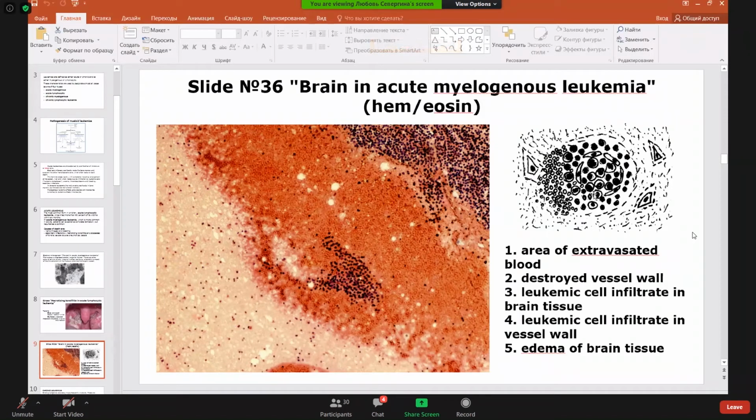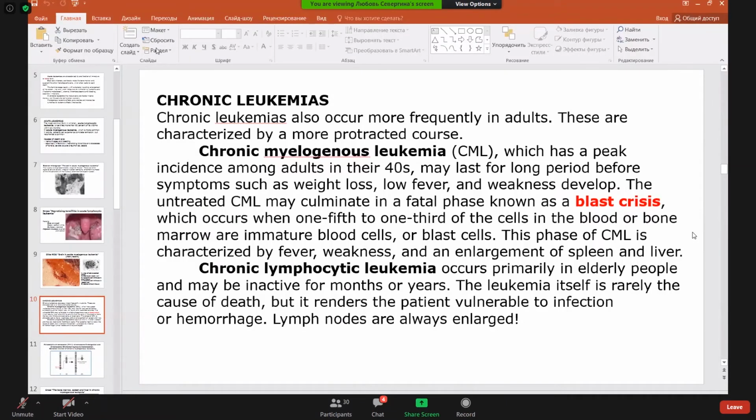Please remember, these two causes lead to bleedings and extravasation of the blood, to development of hematomas in different organs: infiltration of vessel walls by leukemic cells, and thrombocytopenia.